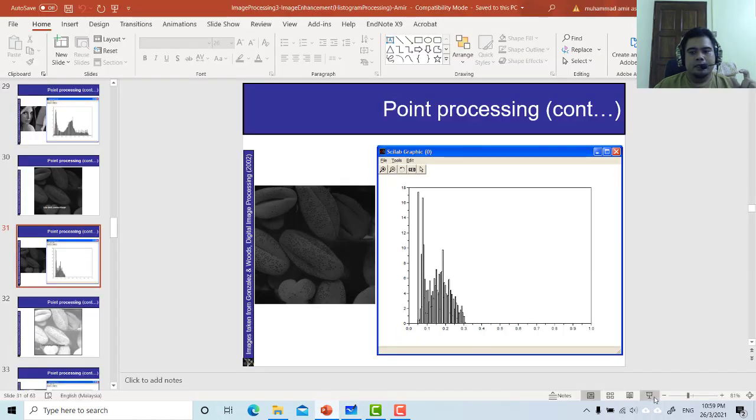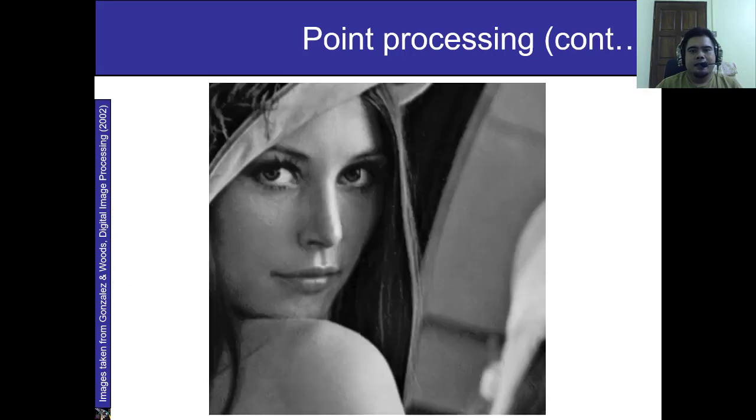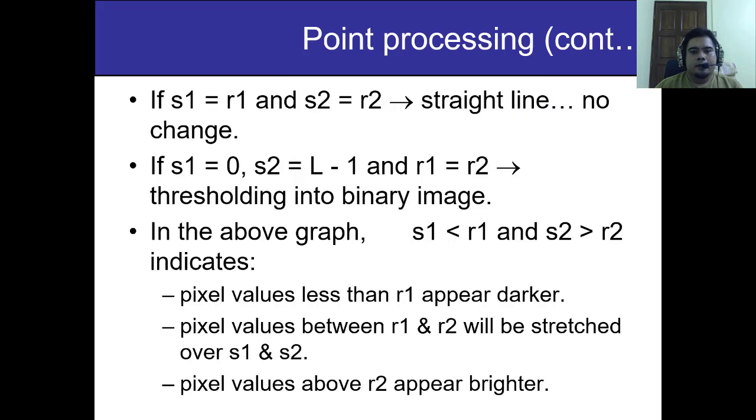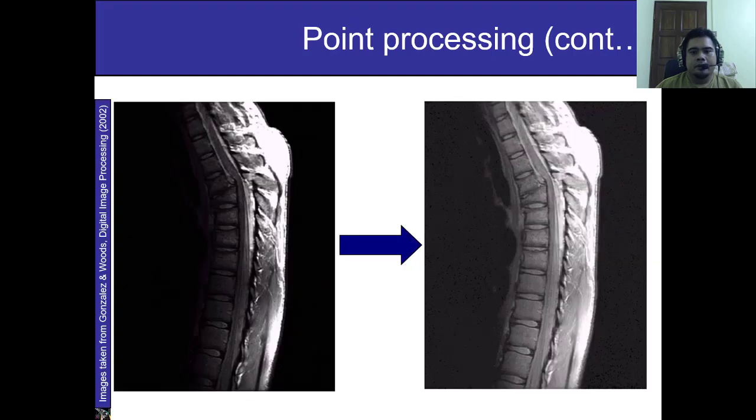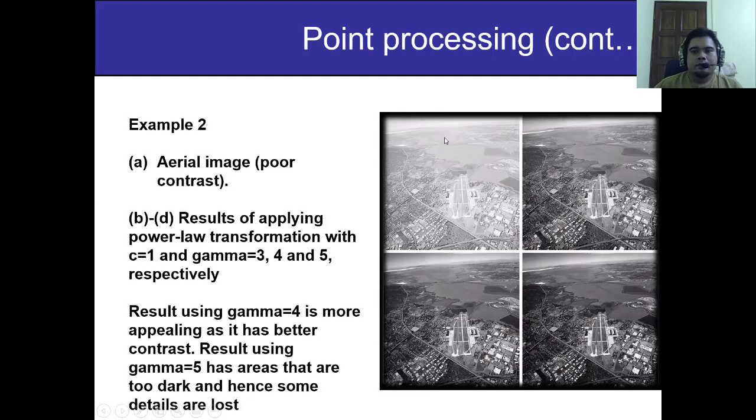In our previous slide, this one is a low bright contrast image because it has very low contrast, and most of the pixels are on the bright side. That's why we call it a low bright contrast image. If you plot the histogram, you will find that most of it occupies the bright region, on my right side.